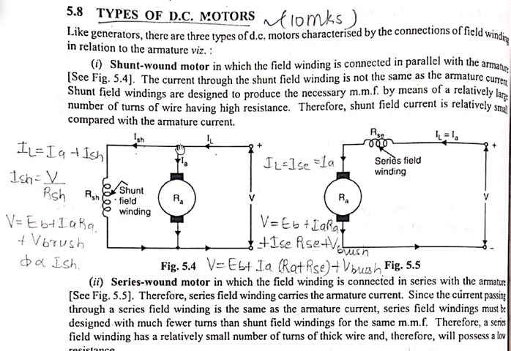Therefore V is equal to, what is the voltage across the field winding? That is V is equal to ISH into RSH, or ISH is equal to V divided by RSH.